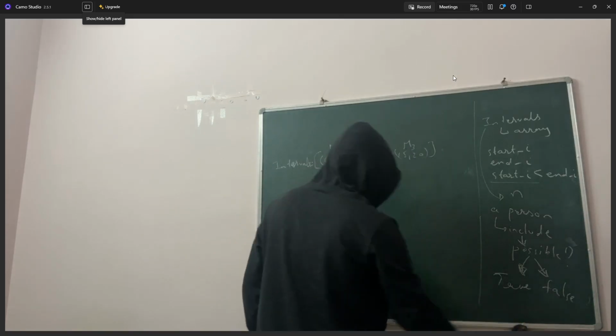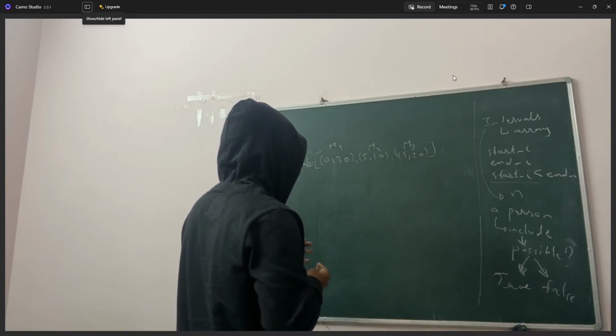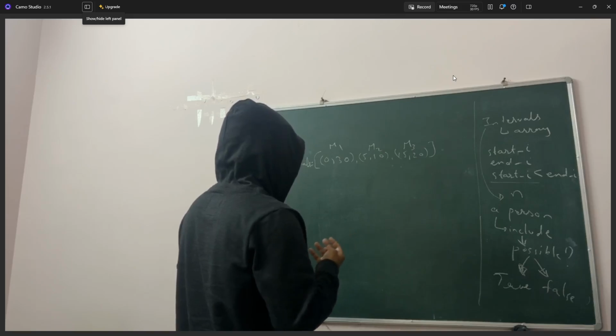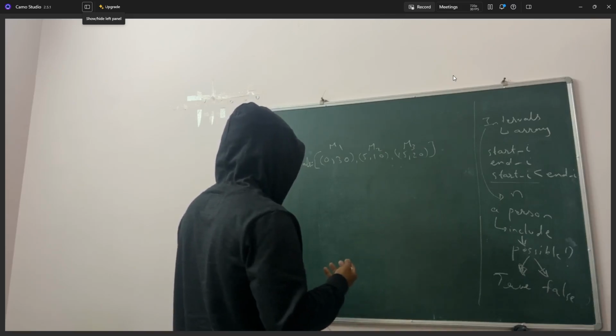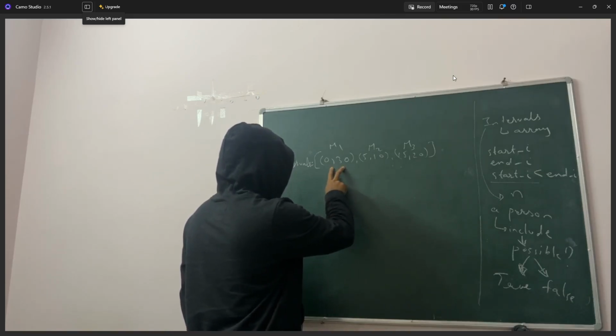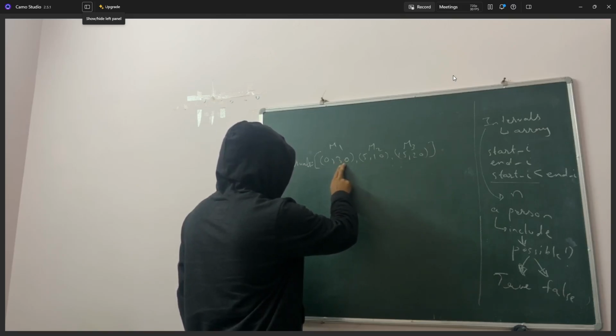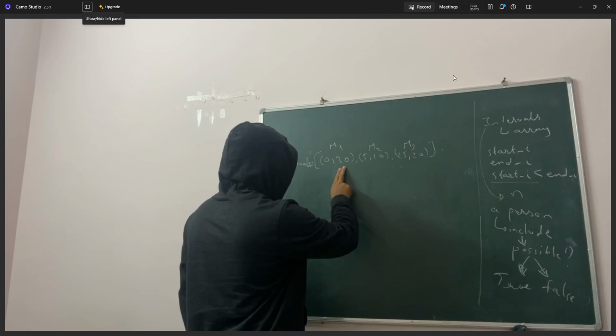If you don't sort, if you want to use the brute force approach, in that case what you can do is take elements one by one and check the end time. Let's say you're checking this against this: you check whether this end time is lesser than the start time.